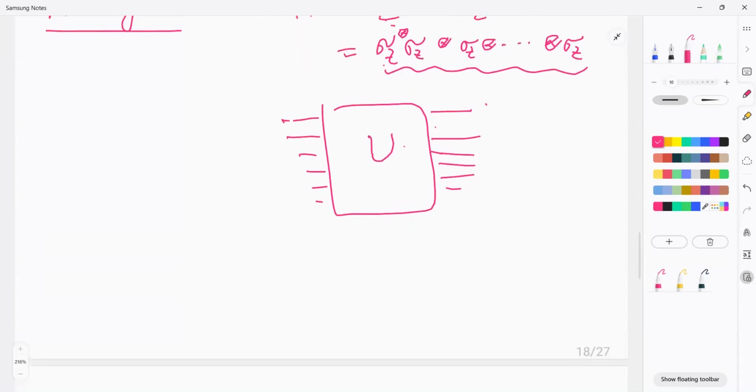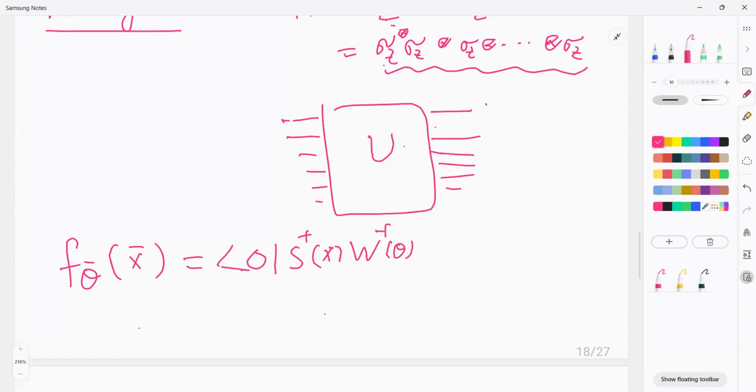So if this is the observable, then the expectation value of this observable is essentially, to start from 0, we apply S of x, and then we apply the parameterized circuit, and then we have our Hamiltonian Zn, and on the other side, this would become this.